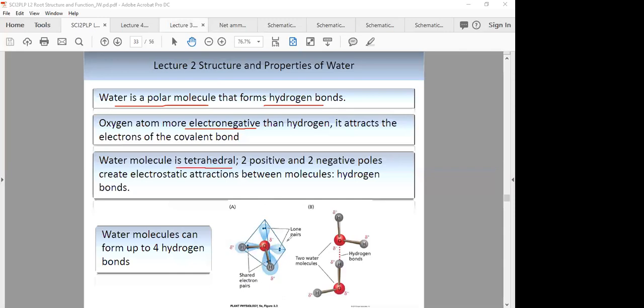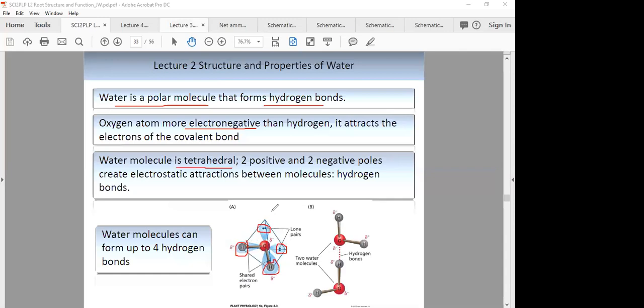You've got a central oxygen, and how many groups are surrounding this central oxygen? Four groups. So look down here, central oxygen surrounded by 1, 2, and remember, lone pairs of electrons also count as groups. So there we have 4 groups surrounding the oxygen. That's when you end up with the molecular geometry of a tetrahedron.